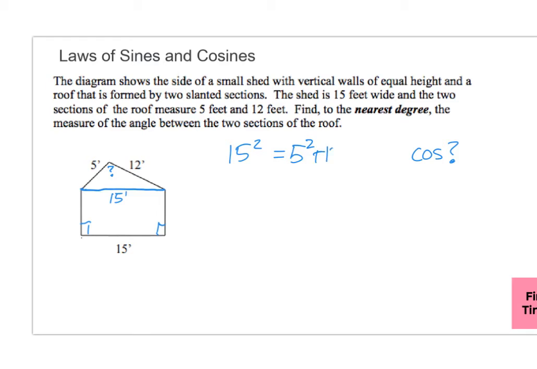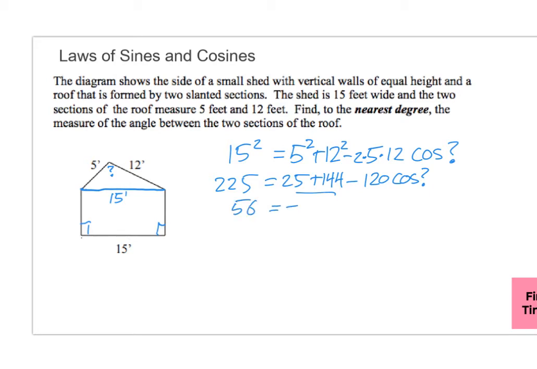And then I'm going to just build the rest of this. So 5 squared plus 12 squared minus 2 times 5 times 12 from the other pieces. When I do these calculations, we get 225 is equal to 25 plus 144 minus 120 cosine of question mark. Moving these things to the other side, 225 minus 169 is going to be 56 is equal to negative 120 cosine of question mark.